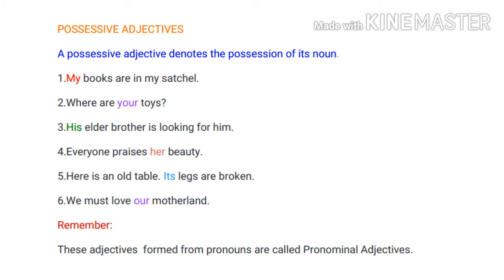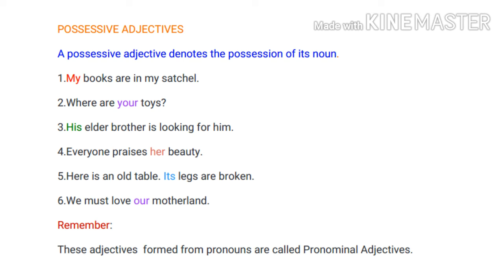Possessive adjectives. Possessive adjectives denote the possession of their noun or pronoun. Examples: My books are in my satchel. Where are your toys? His elder brother is looking for him. Everyone praises her beauty. Here is an old table, its legs are broken.